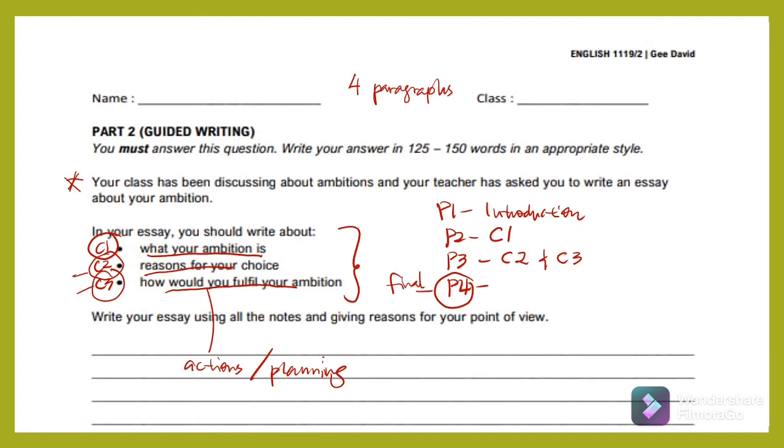Of course, in your final paragraph you have to write a conclusion here. You have to end your essay. How do you end your essay? Maybe you can share your hope with your readers, that you hope that you'll be able to achieve your dream or achieve your ambition one day, right?